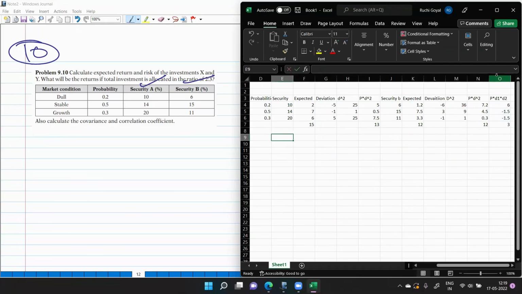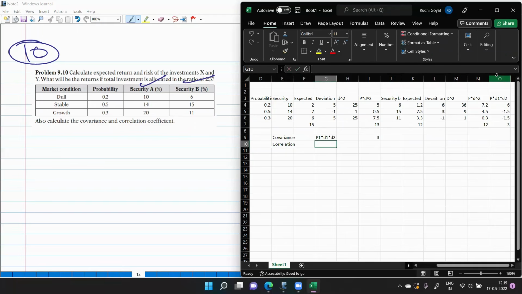Now see, the covariance formula is P1 into D1 into D2. So that is coming out to be 3. Covariance is found. Now I have to find out the correlation.